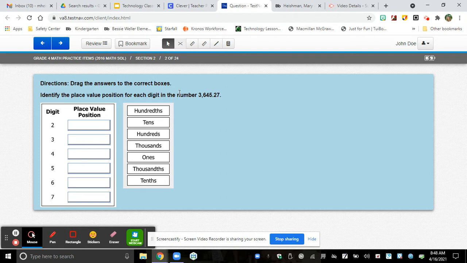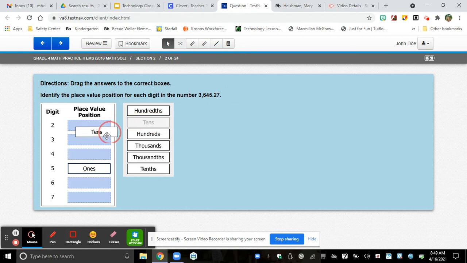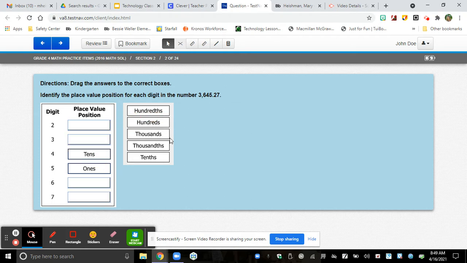Number 2, I'd like for you to practice dragging the answers over to the correct place value position. So I know that 5 is always the ones, so I would go ahead and drag my ones to 5. 4 is always going to be in the tens, so the ones I know first are the ones to complete first, Ms. Heichman's strategy. 6 is always going to be the hundreds, and so on.